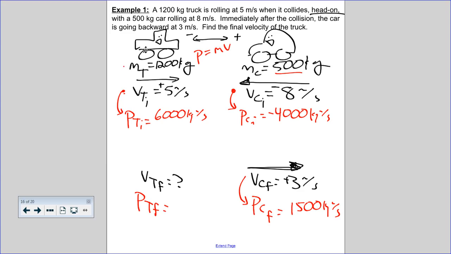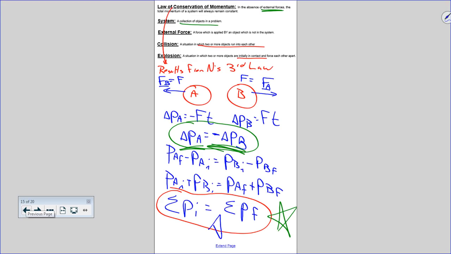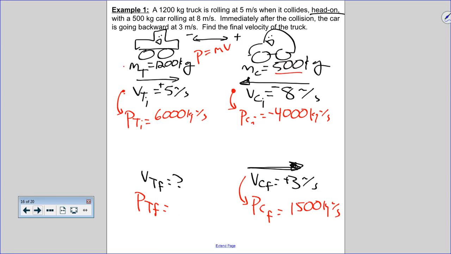Now, what I do know, though, is this. I know my total momentum has to be the same before and after. So let's find the total momentum before the collision. Oh, well, that's just 6,000 minus 4,000. So you get 2,000 kilogram meters a second, right?